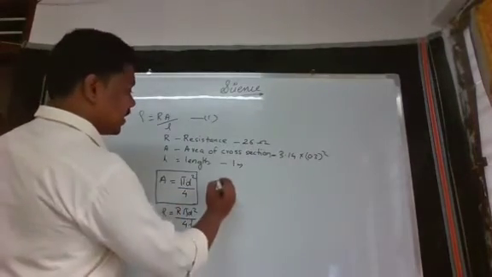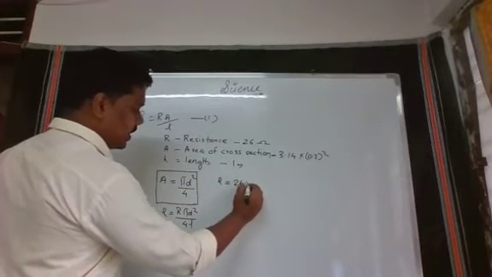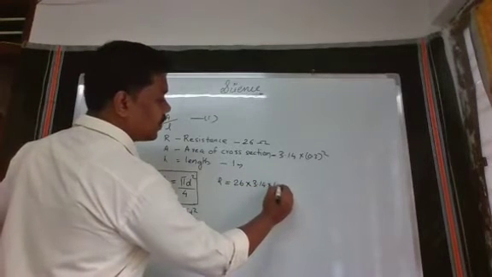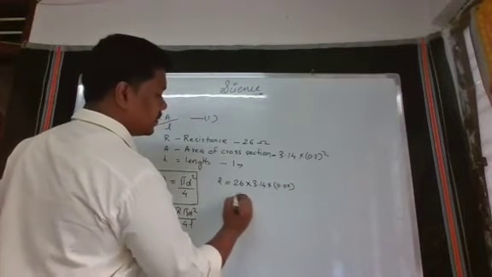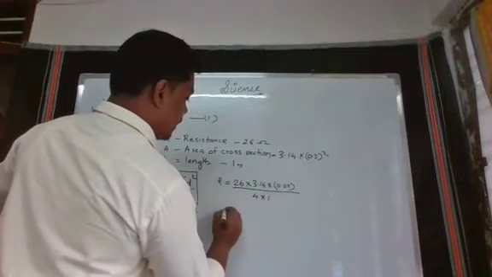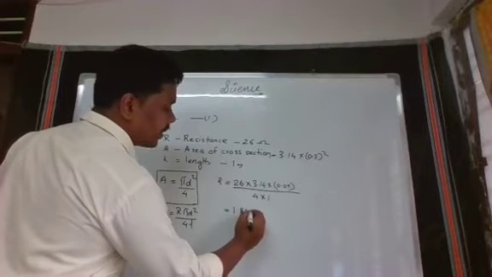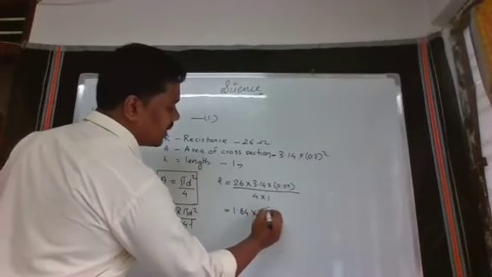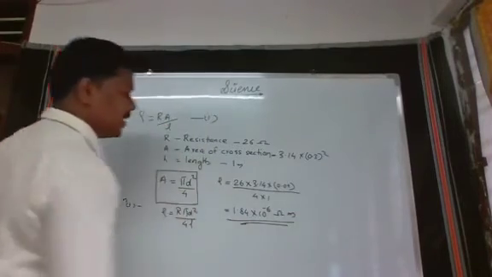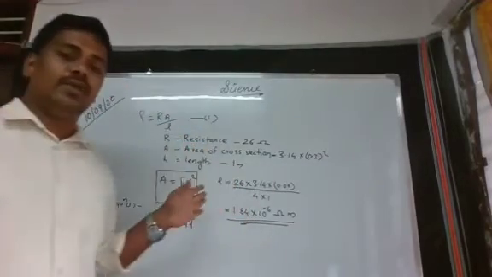Rho is equal to 26 into 3.14 into 0.09 by 4 into 1, and we will get the answer as 1.84 into 10 raised to minus 6 ohm meter. We got the resistivity here, but the full answer is not yet completed.